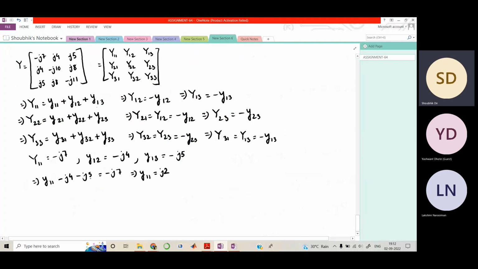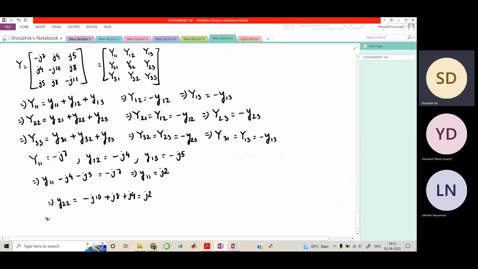Similarly, I solved for finding out Y11. Now you can also in the same way find out Y22. So Y22 would be minus j10 plus j8 plus j4, so j2.